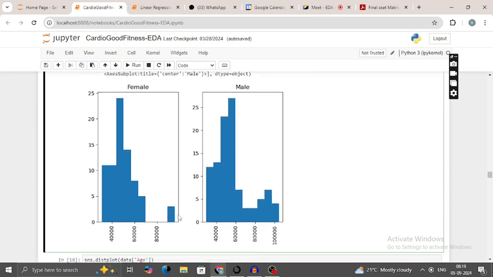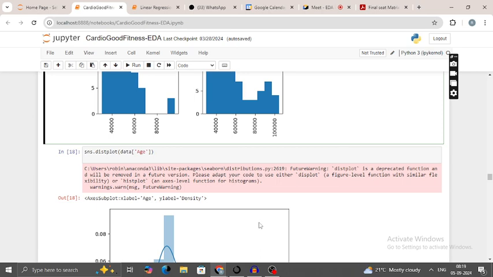Distribution of income by gender. Irrespective of whether it's a male or a female, people who are young, most of them will earn between $40,000 and $60,000. Later, look at this, there are a few males who are very successful and earn much more. That is the case.